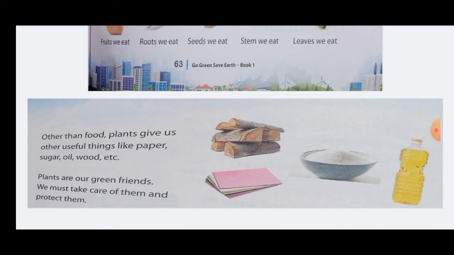Plants give us tea, coffee and sugar. We get tea from the leaves of the tea plant. Coffee. We get coffee from the seeds of the coffee plant. Sugar. We get sugar from the juice of the sugarcane stem.